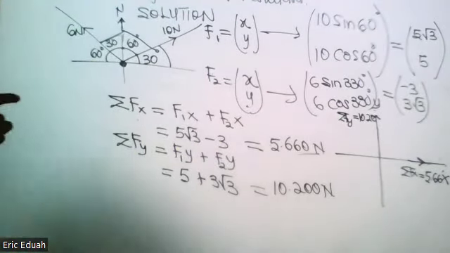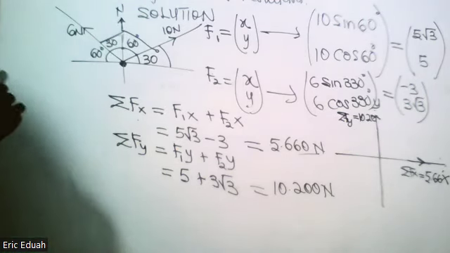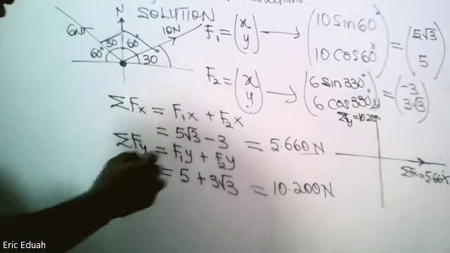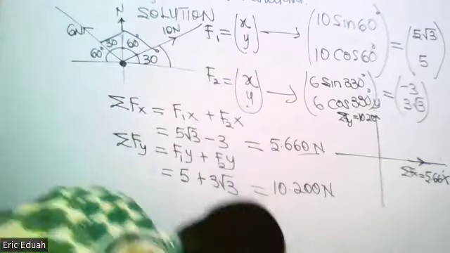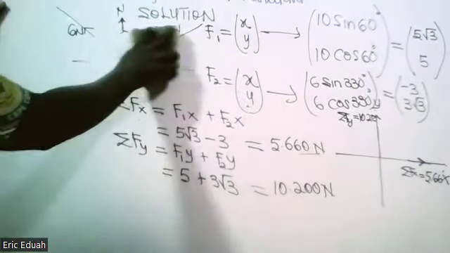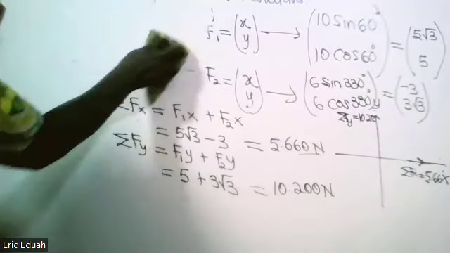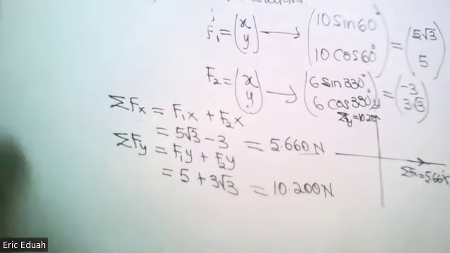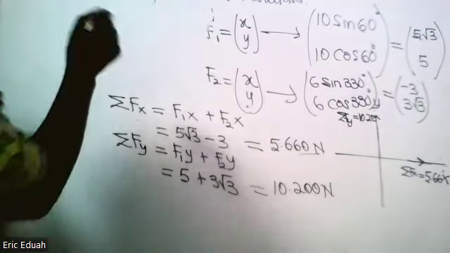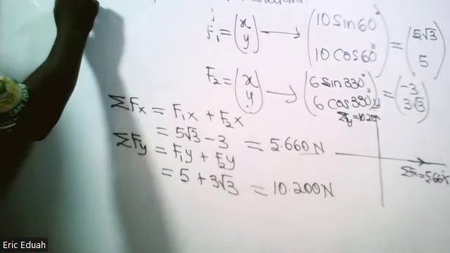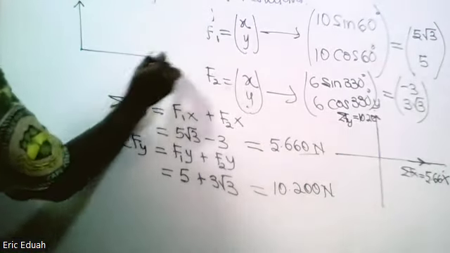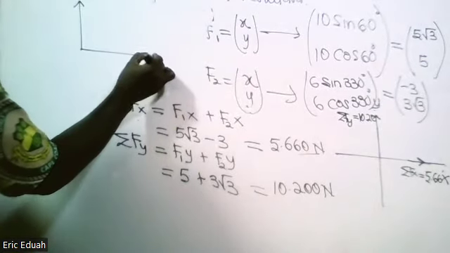Now, this is what we have. We have two vectors, one going up and one going due east.